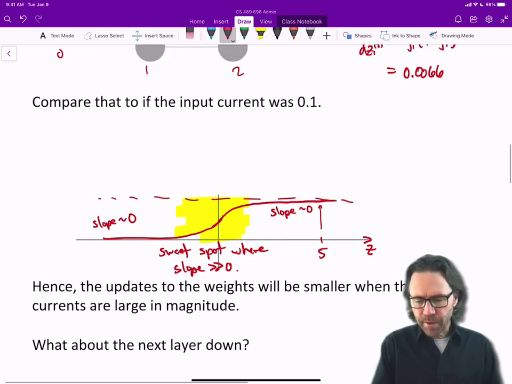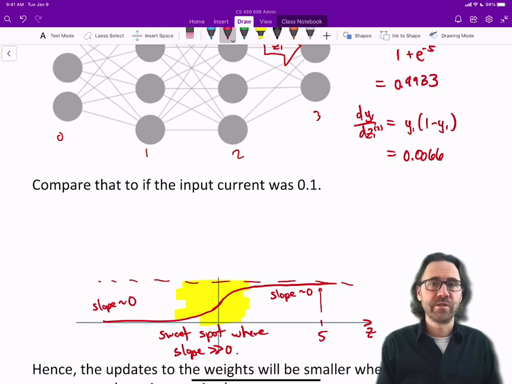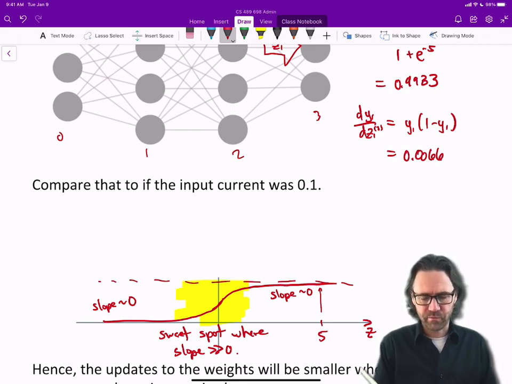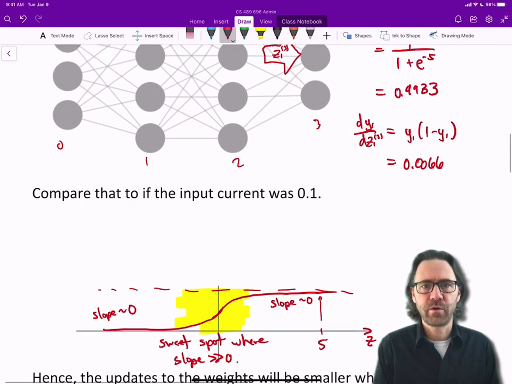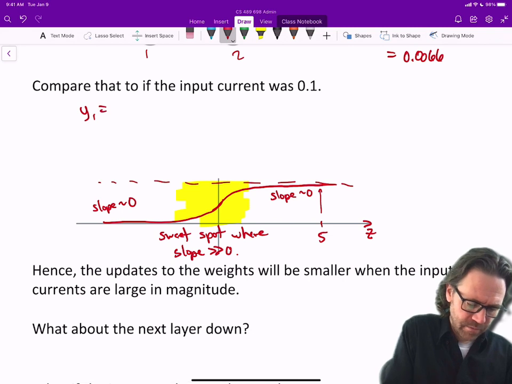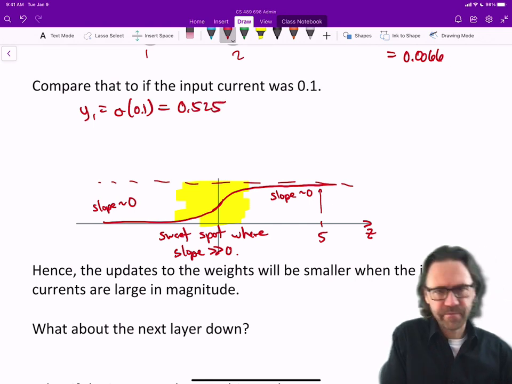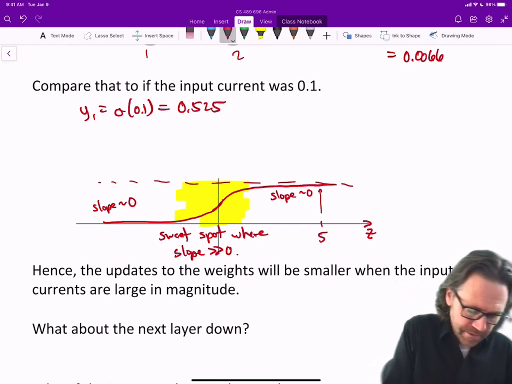Okay, so comparing this example up here, where the slope was 0.0066, let's say the input current was 0.1 instead. Instead of the input current being 5, the input current was 0.1. So in that case, y1 equals sigma of 0.1, which is 0.525, according to my calculations.